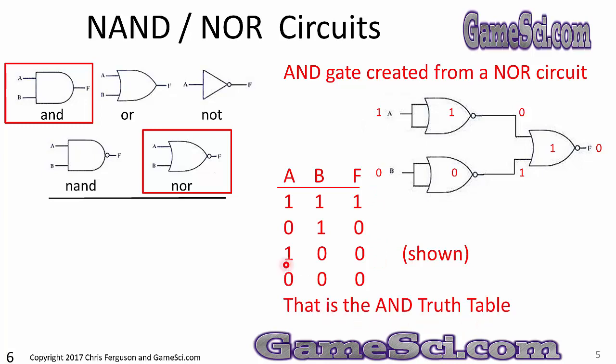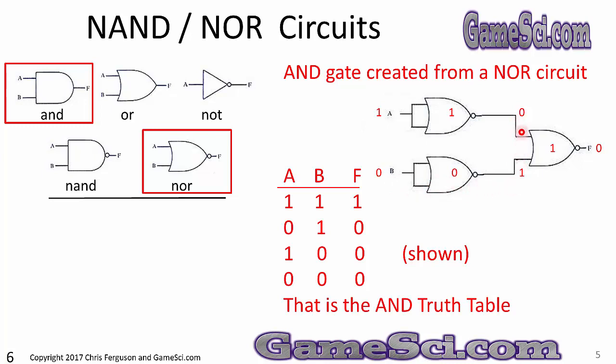Let's look at this specific input. A is 1, B is 0, should produce a 0 on the output. That is an AND gate. A is 1, B is 0. With an A as a 1 on this input, the OR part of the circuit will produce a 1. The NOR will make it a 0. With 0 on this input, the OR part of this circuit will produce a 0. The NOR will make it a 1.